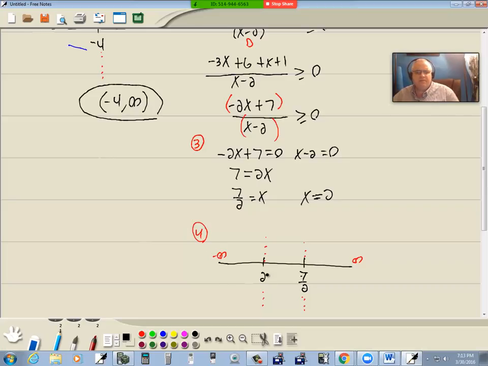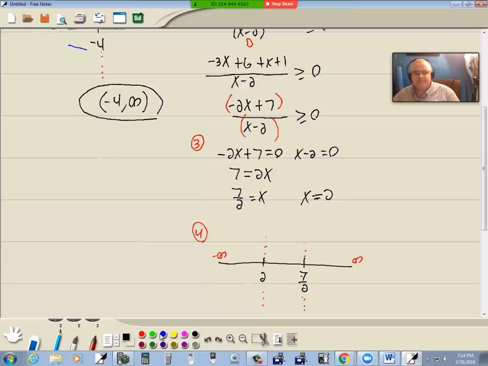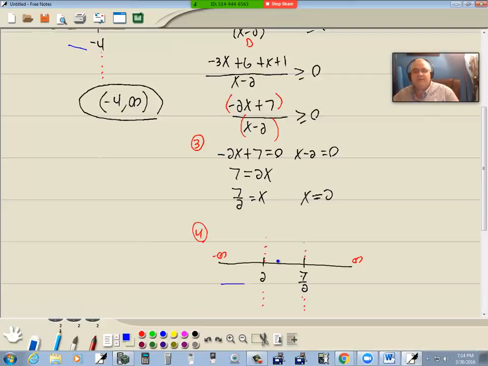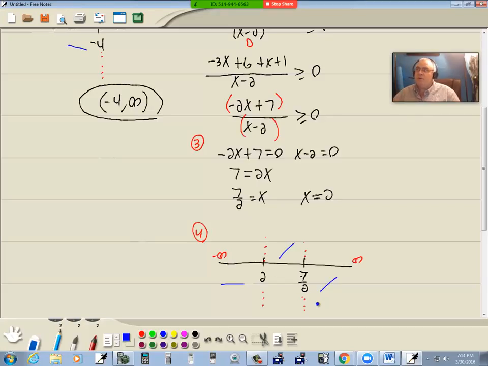Okay, we said our first critical value was 2. 2 is right here, and definitely to the left of it is below the x-axis. So a little mark for below. Between 2 and 7/2, here's 2, and here's 7/2, I see it's above. And greater than 7/2, over here I see it's below. So if it's below in part of it, it's below in all of it.